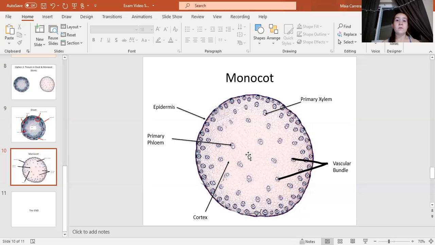Now, interestingly enough, this may go off onto a tangent slightly. When there's a mass amount of vascular bundles removed, there is a process done called girdling, and it's typically done for, let's say, apple trees or orange trees, those types of things.